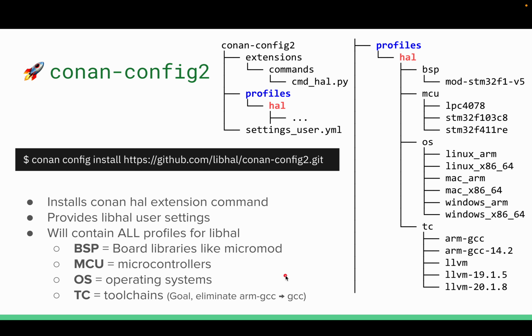I have a desire to get rid of the solo ARM GCC tool chain. It's kind of fine, but I think it would be better off if we just said GCC rather than saying ARM GCC. And if you're running a program on your Linux machine natively, then it'll just use the GCC for your machine. Same thing with Mac, same thing with Windows.